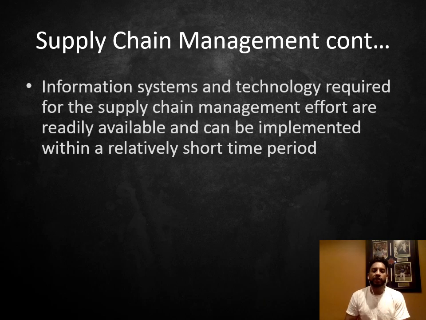Information systems and technology required for the supply chain management effort are readily available and can be implemented within a relatively short period of time, which I tried to explain: you have the information systems and technology software now that's being developed and is already in place, which helps create your supply chain management and helps make it a lot more efficient. There's a lot of software out there for that.